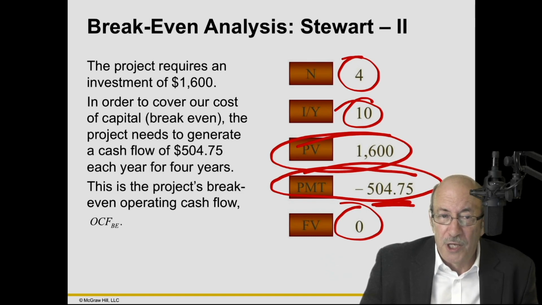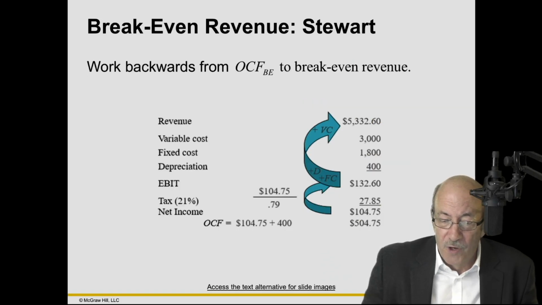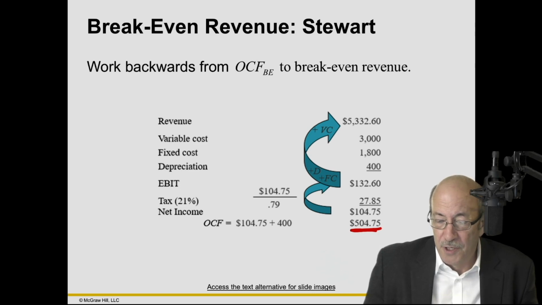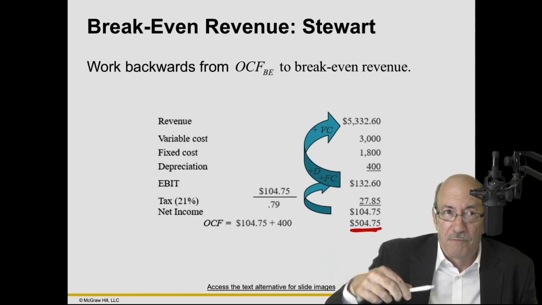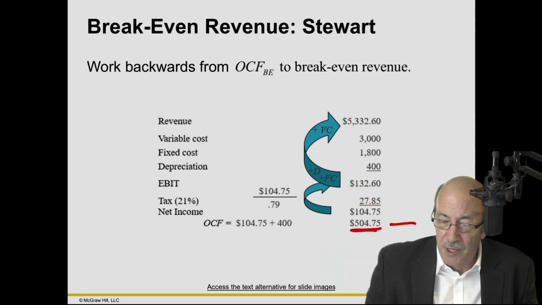So now we can use that to take a look at our operating cash flows. All right, so if our operating cash flows are $504.75 million, what sort of revenue does that lead to at the top of the income statement? So here we are at the bottom of the income statement.